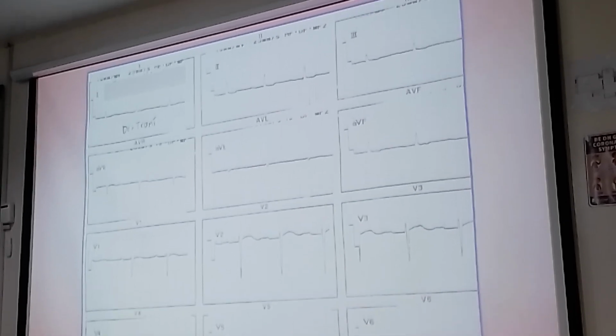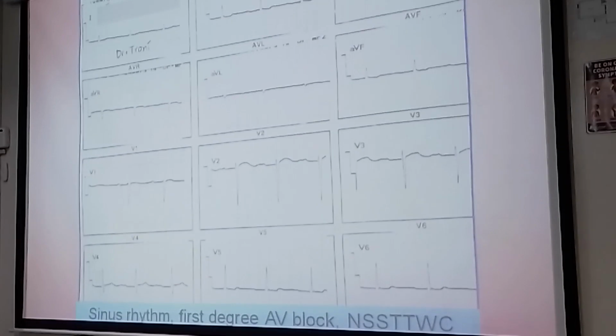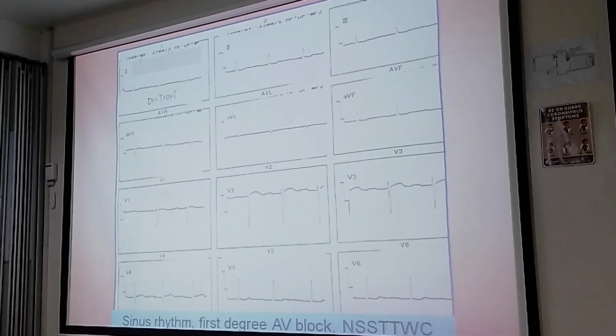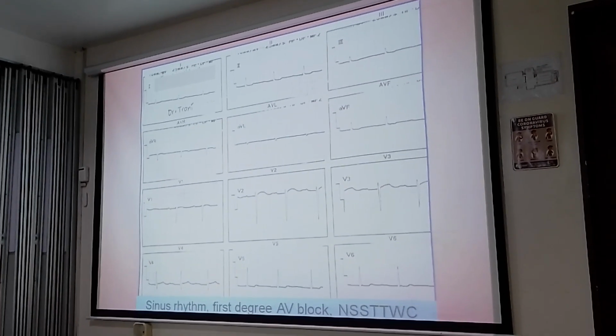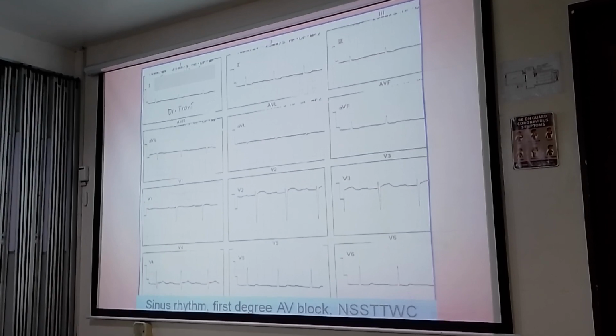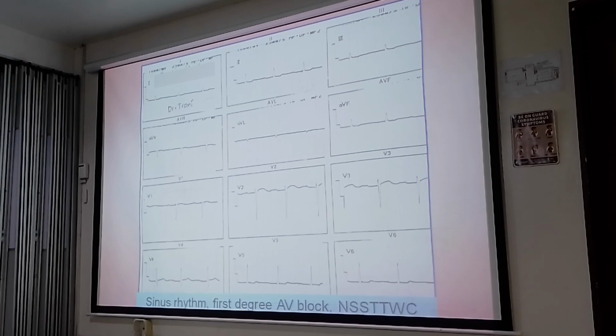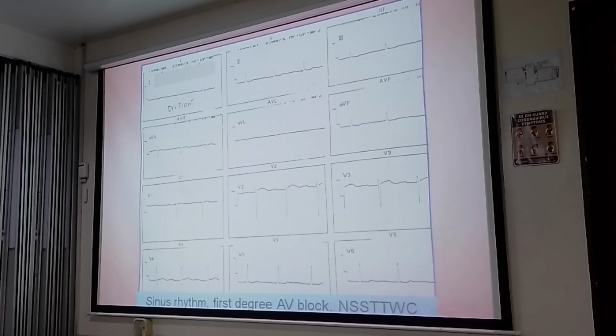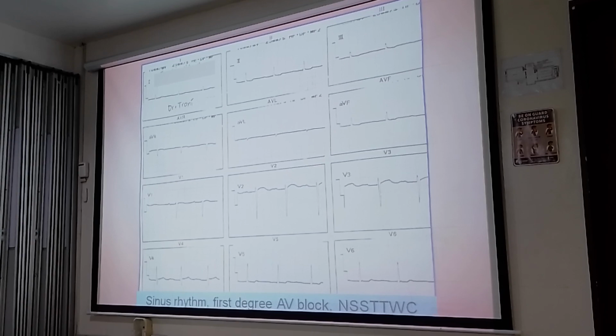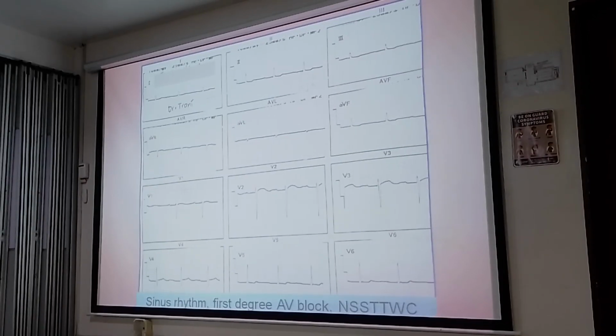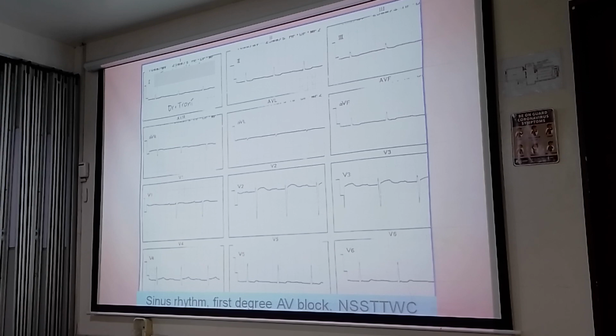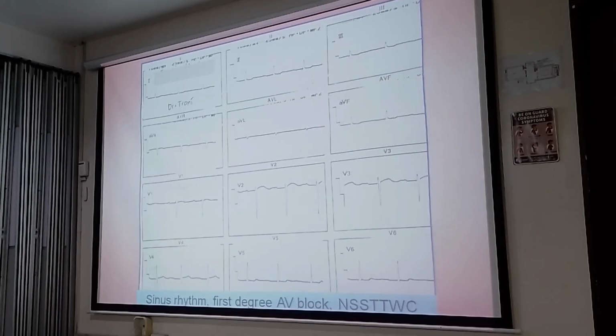The normal PR interval in small squares is how many?